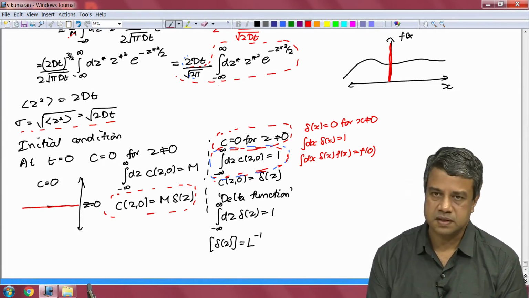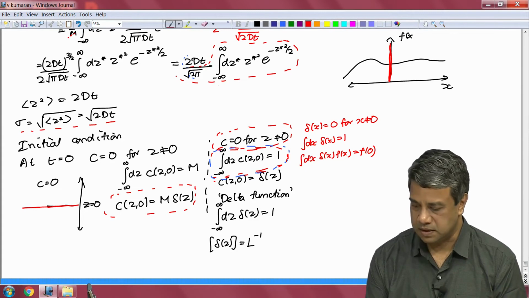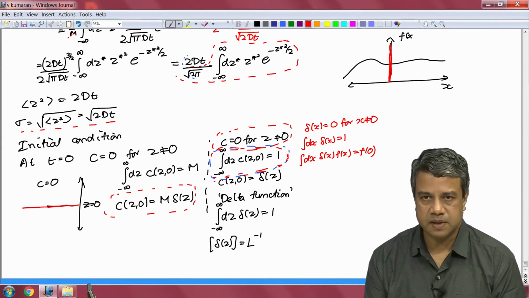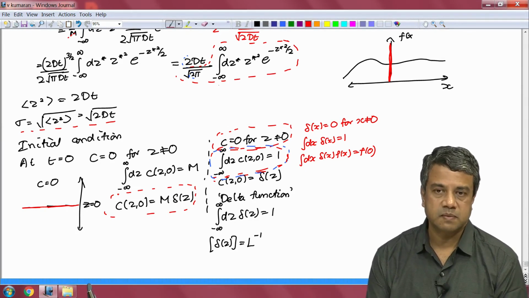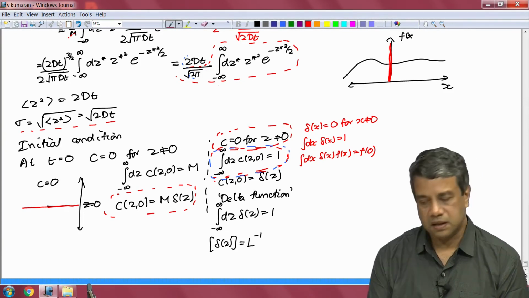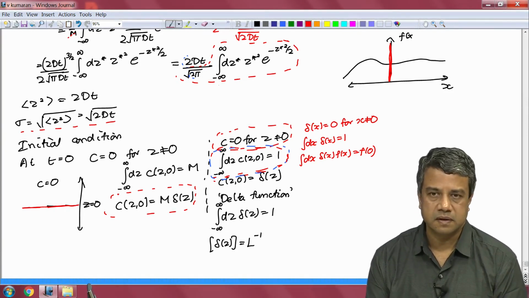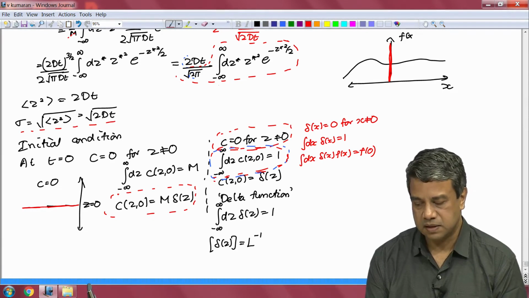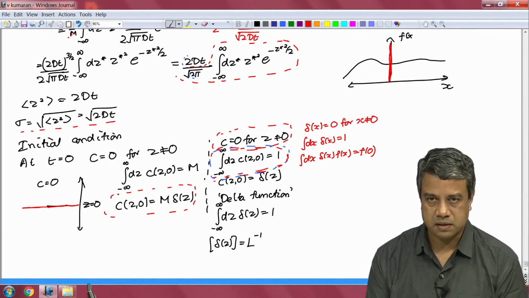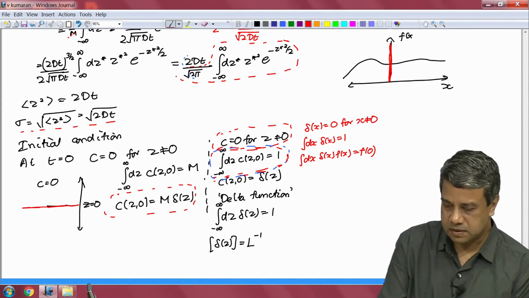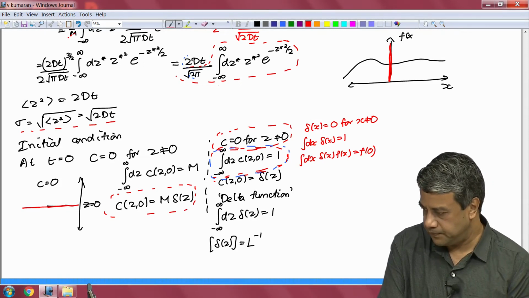So, this is dimensionally consistent, because m is a mass injected per unit area and the delta function has dimensions of 1 over length in one dimension.